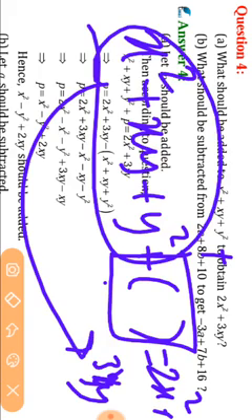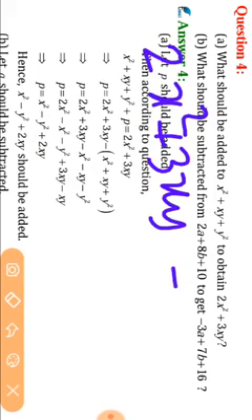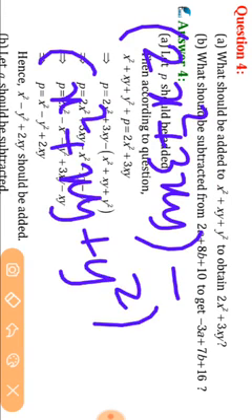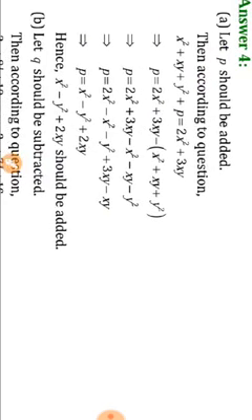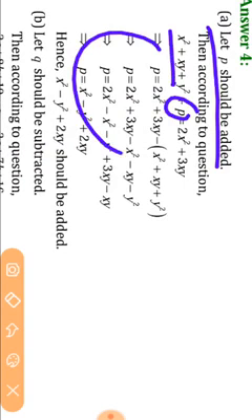What it becomes? So this becomes 2x square plus 3xy minus of this one, x square plus xy plus y square. So this is how, see, let p be what should be added, then according to the question p we can keep as it is, this throughout transfer that side.